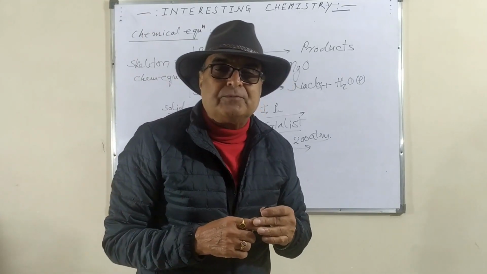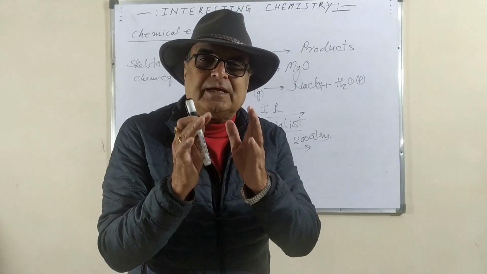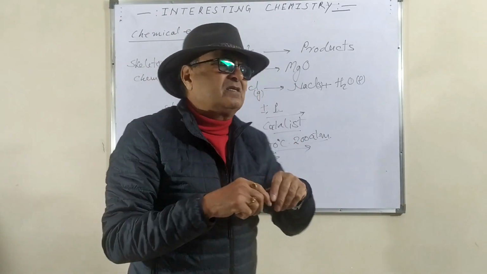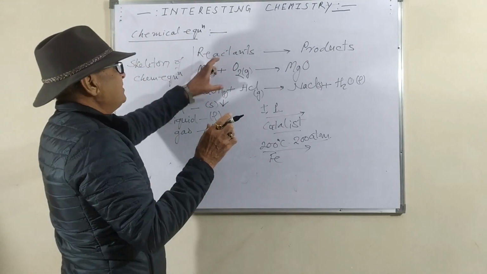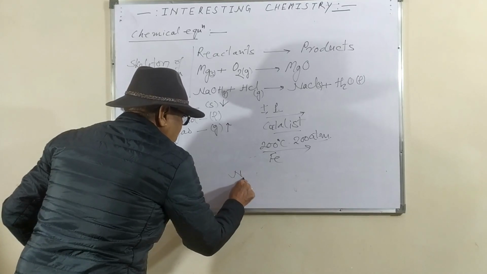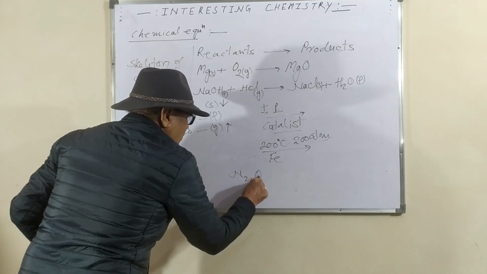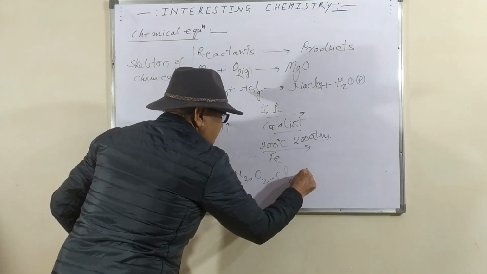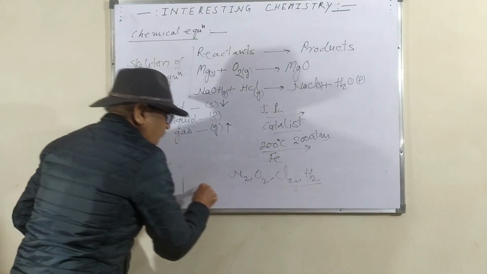In the last, I am telling you about all the natural gases. All the natural gases will be written in the chemical equation in the form of N2, O2, Cl2, H2, in the molecular form.